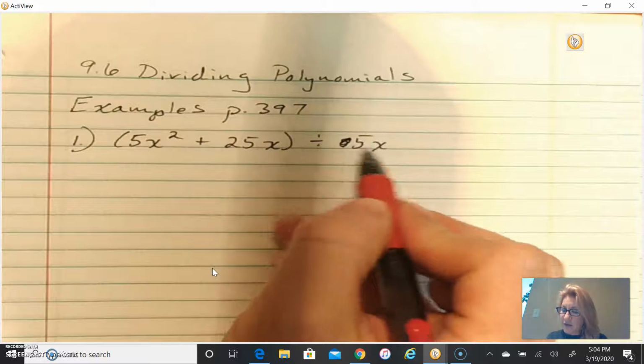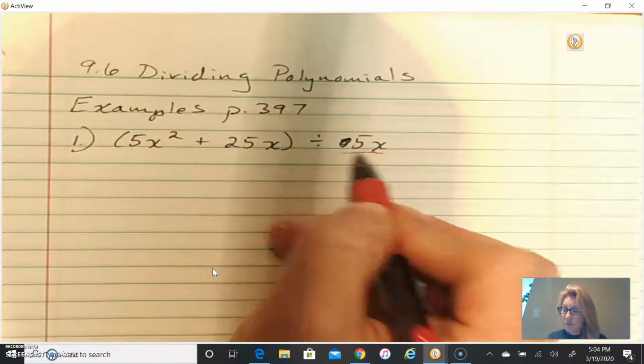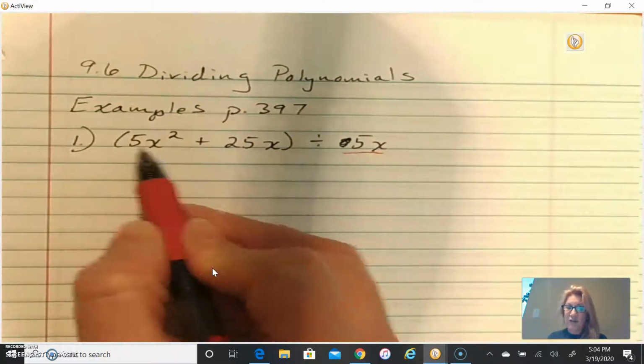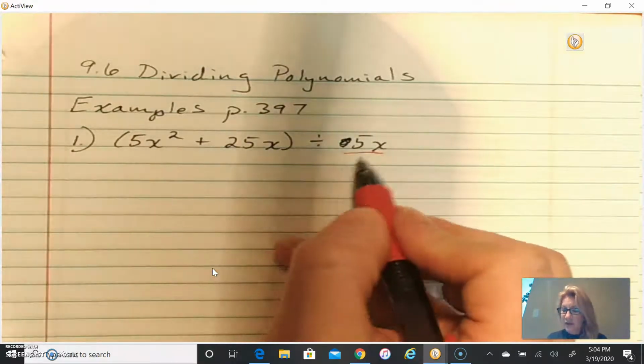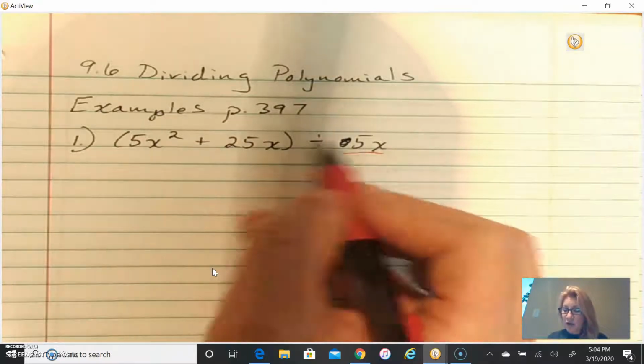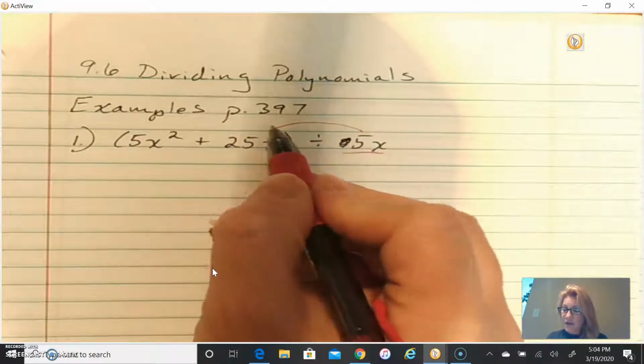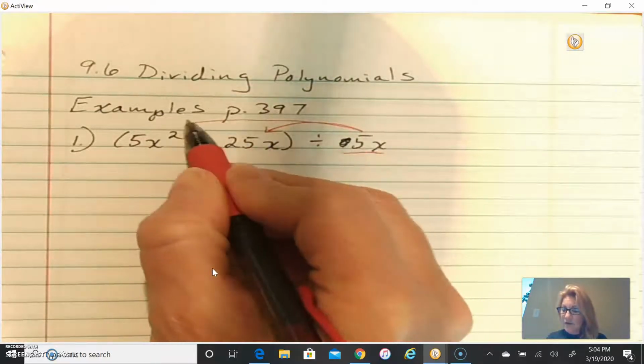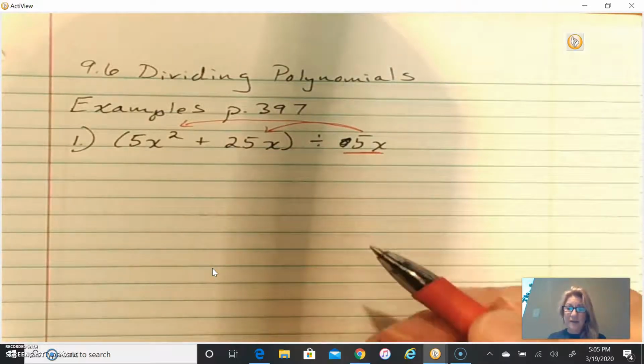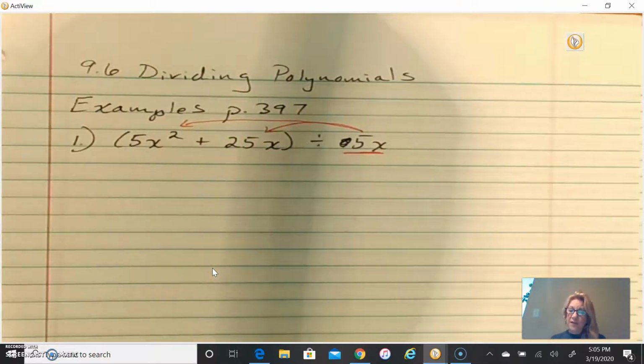You're going to divide this one term. Remember, how many terms are in here? There's 2 terms. This is one term. You're going to divide each of these terms by the 5x. Now, with that said, let me show you how you should write it to make your life easier.